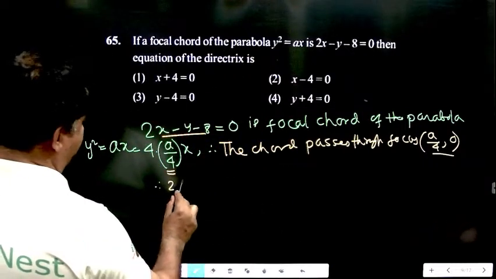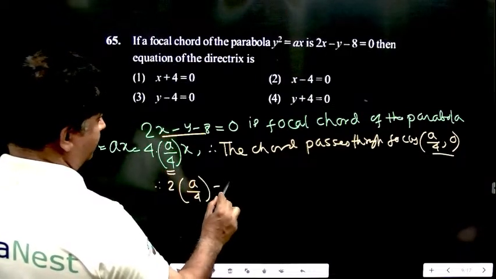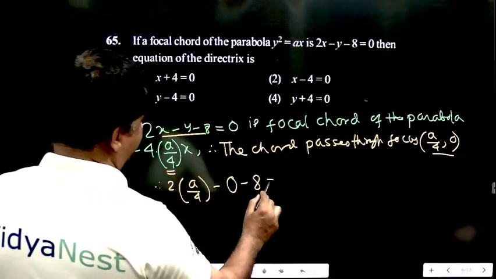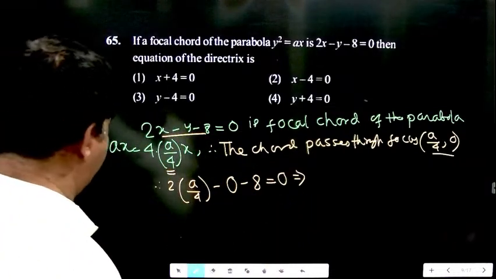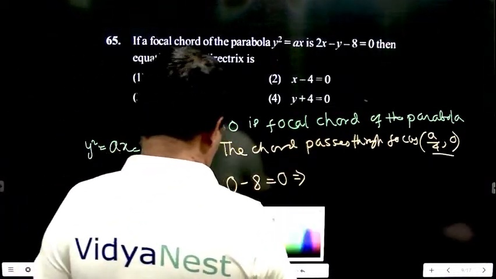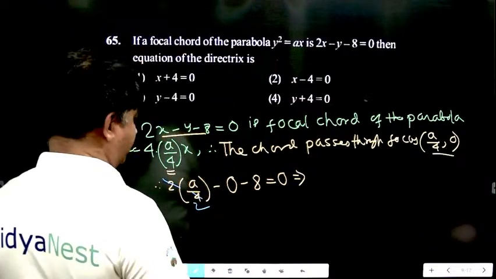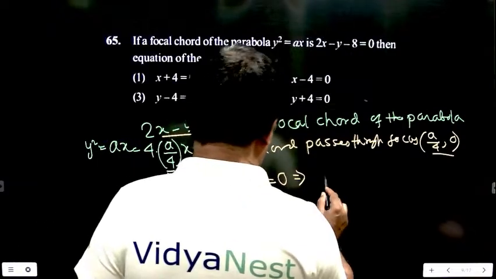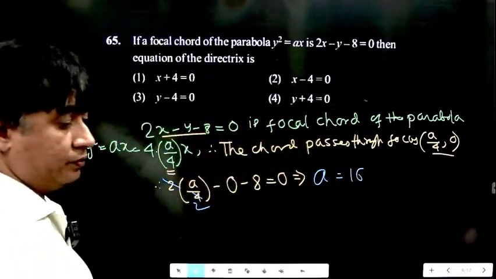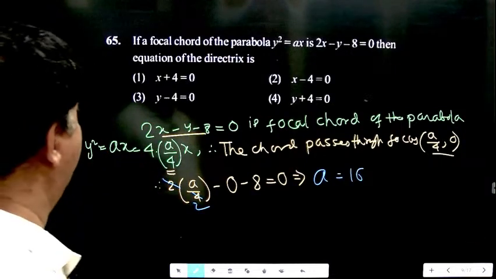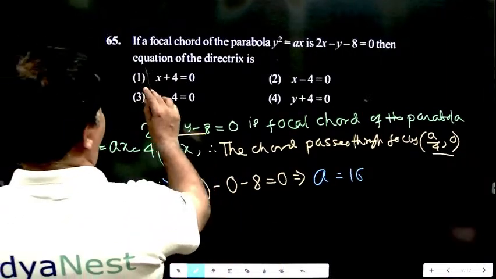So 2 into a by 4 minus 0 minus 8 is equal to 0. Okay. So you cancel it. That will give you a is equal to 16. Now, the equation of the directrix you have to find.